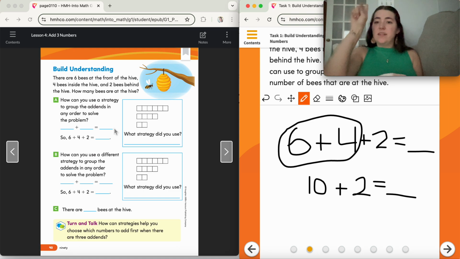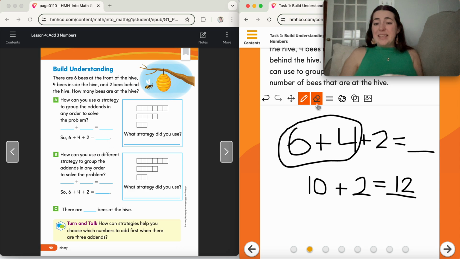Ready? 10, 11, 12. 10 plus 2 equals 12. So you're going to write a 12 on this line, which means 6 plus 4 plus 2 equals that same number, which is 12. So you'll write a 12 right here too.